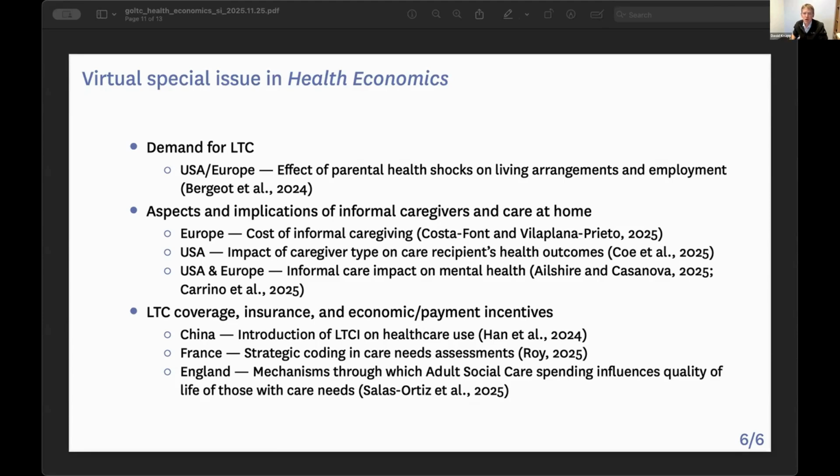And finally, another paper by Salas-Ortiz and co-authors in England, using the English Longitudinal Study of Ageing, looked at mechanisms through which adult social care spending influences the quality of life for those with care needs. All of these papers are really interesting and use a variety of causal approaches. So I encourage you to take a look at them.